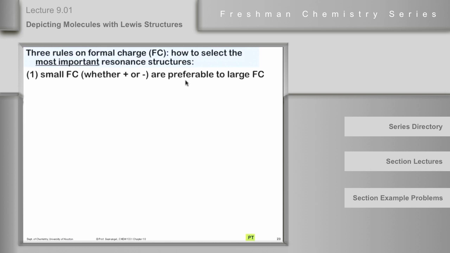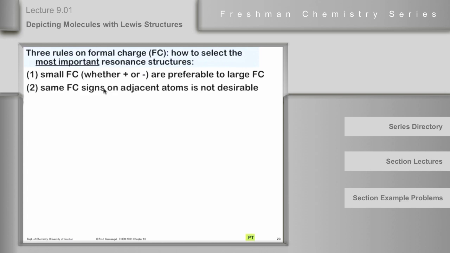Remember we said the magnitude of the formal charge tells a little bit about how many extra electrons an atom has in a molecule compared to the atom itself, or how many electrons it's lost in its state in the molecule compared to what it was as an atom. All that costs energy, and so we want to keep that to a minimum. So that's the first one.